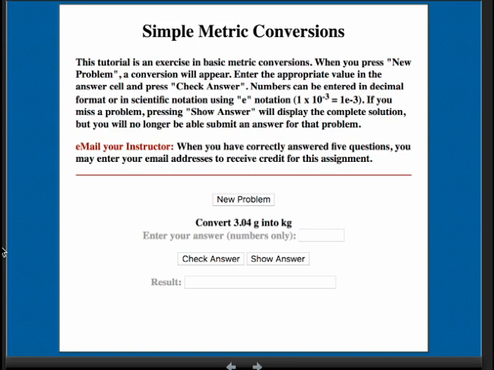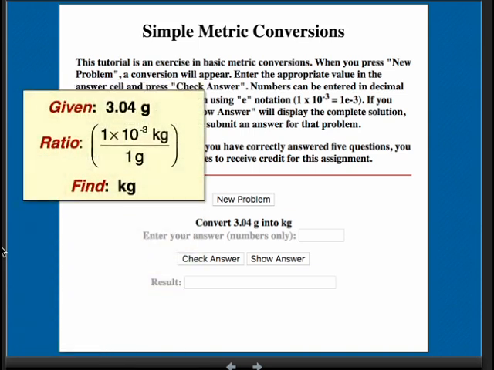The simplest way, I think, is to use the ratio method. So in this problem, our 3.04 grams would be our given. The ratio would be something between grams and kilograms, and of course we're trying to find kilograms. So something like this should work.